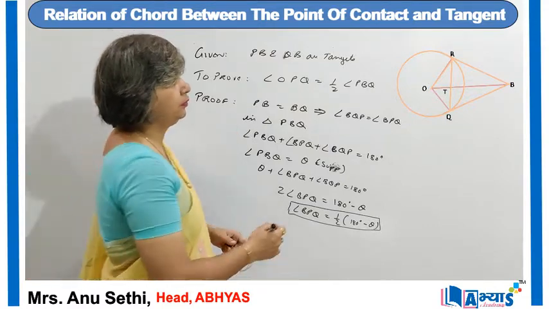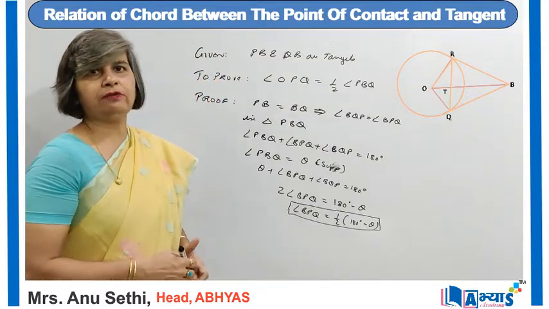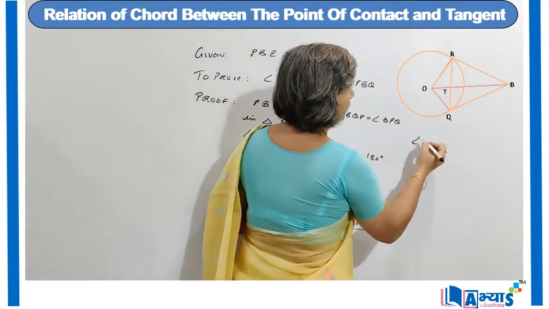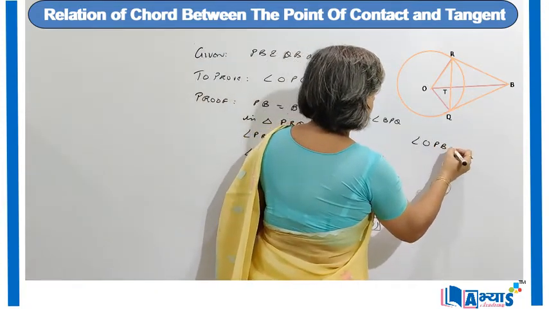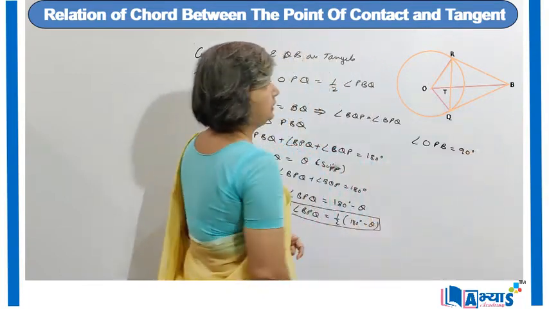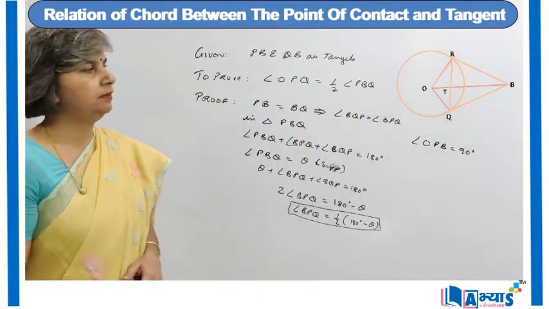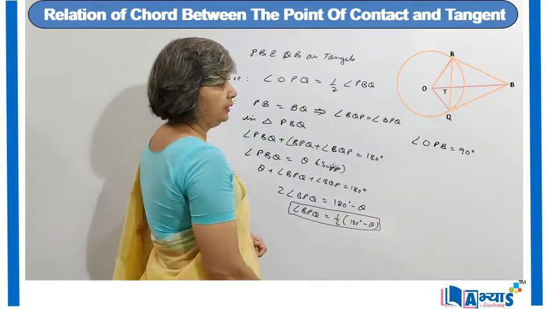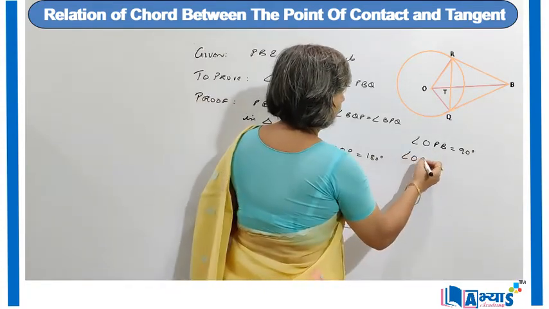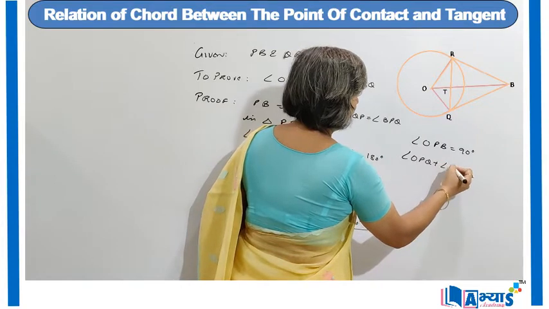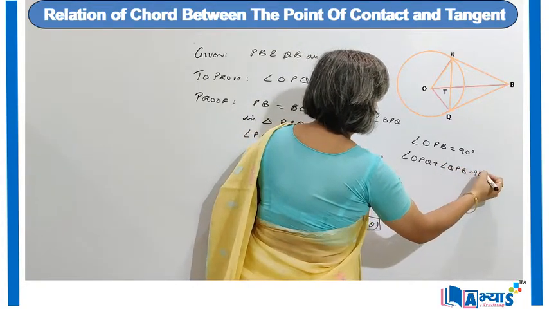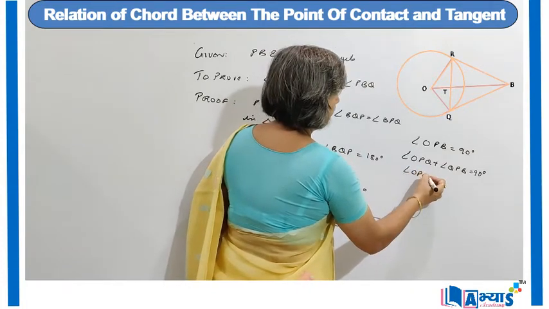Now we know that the tangent makes an angle of 90 degrees with the radius. So angle OPB is equal to 90 degrees, because the tangent makes an angle of 90 degrees with the radius. So angle OPQ plus angle QPB is equal to 90 degrees.